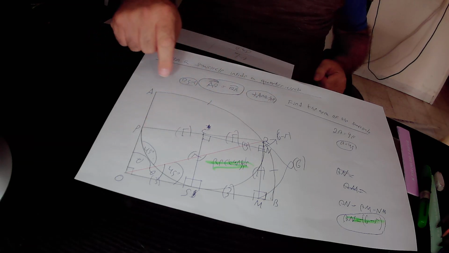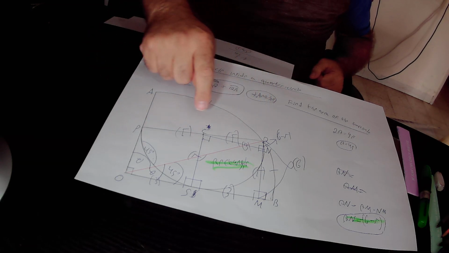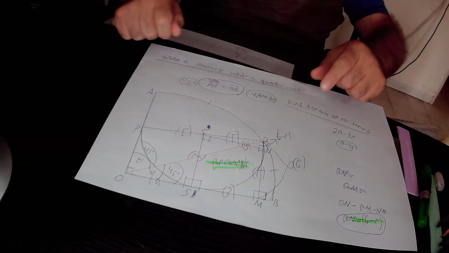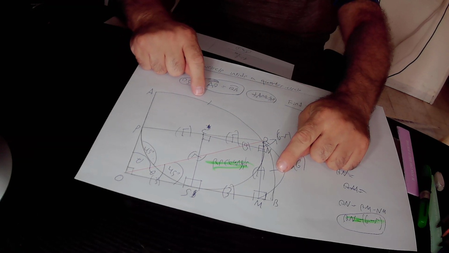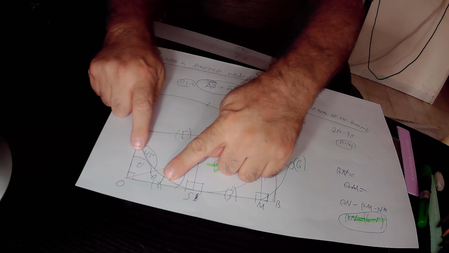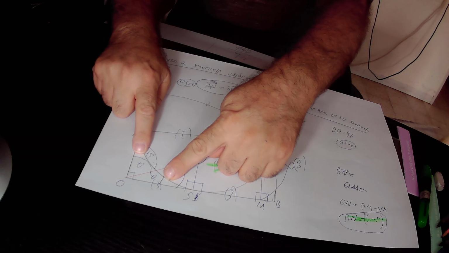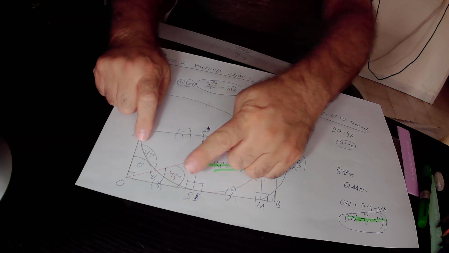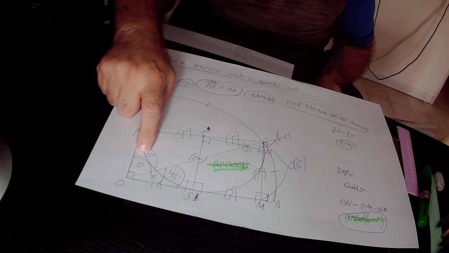Angle AOQ subtends arc AKQ, and angle QOB subtends arc QB. Because those two arcs are equal to each other, those two angles must be equal to each other in size. So if the size of this angle is theta, then the size of this angle must also be theta.